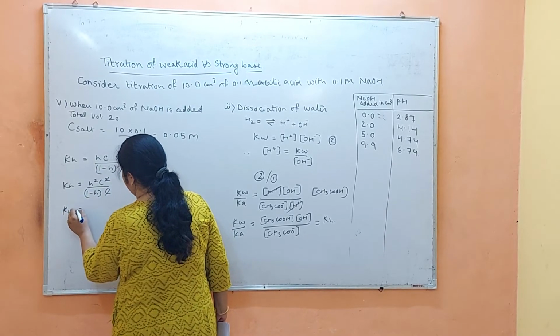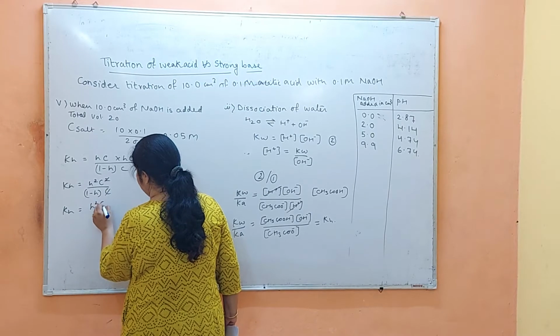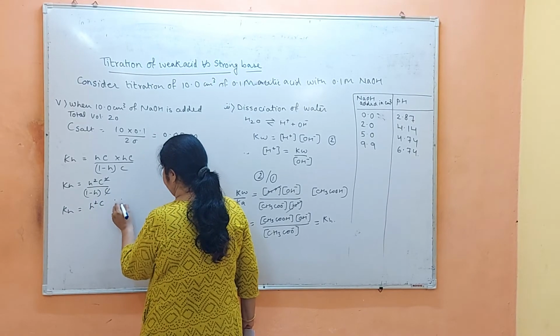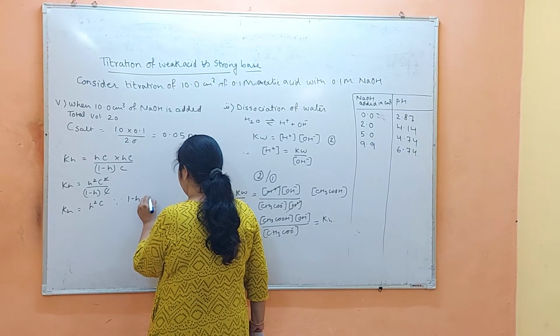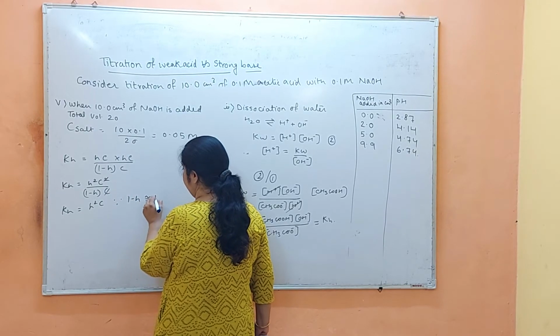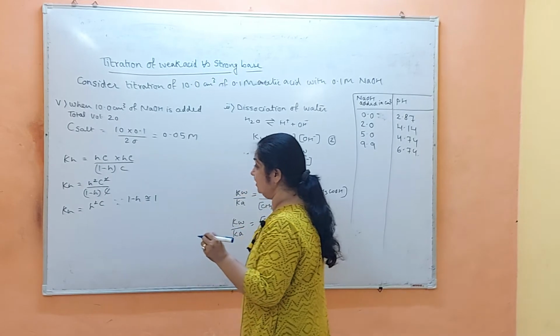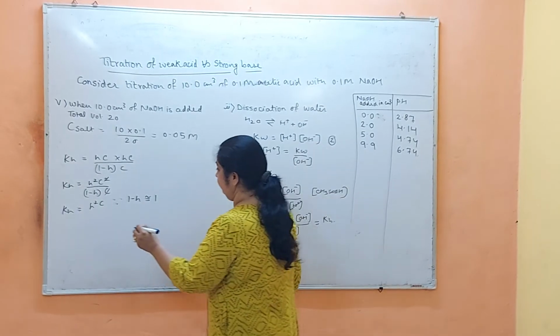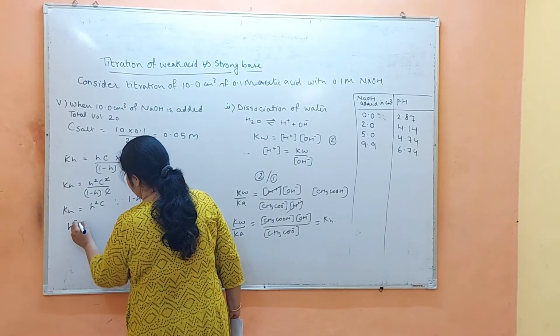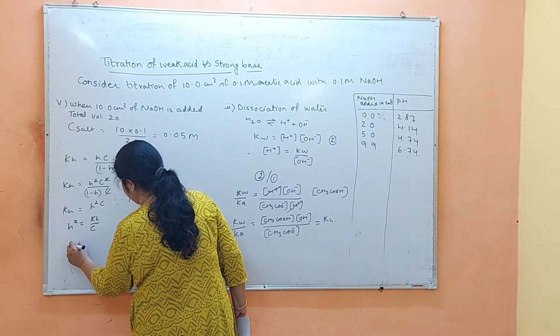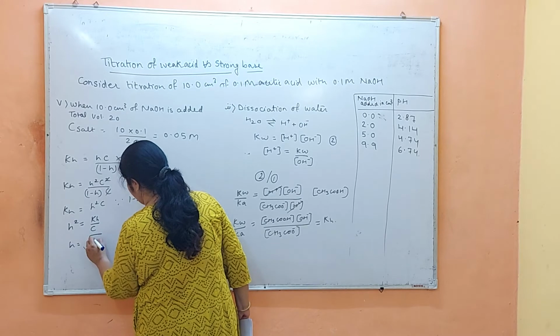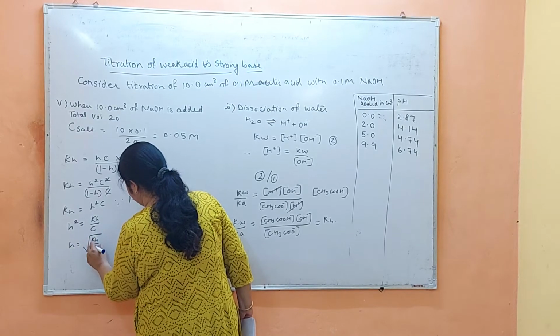KH will be equal to h squared C, since 1 minus h will be equivalent to 1, because h is much smaller than 1. Now if we wish to find h squared, it will be equal to KH by C, and h will be equal to under root of KH by C.